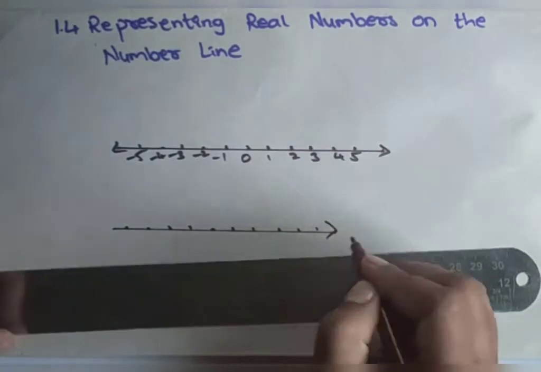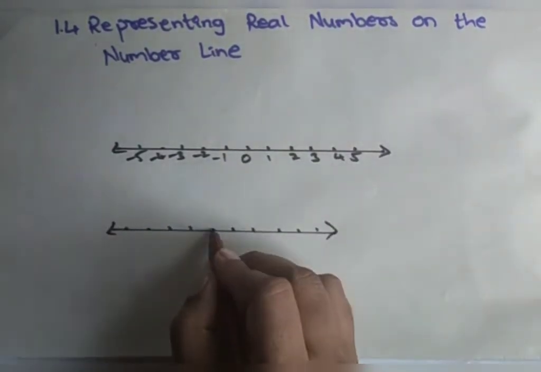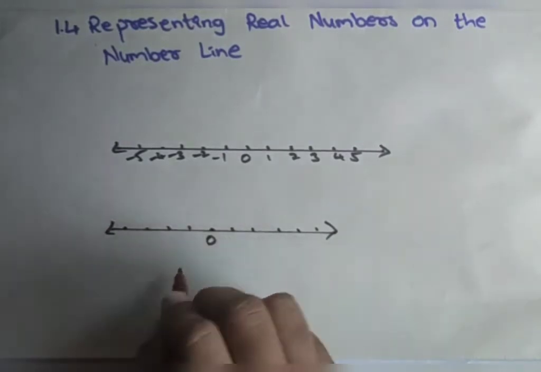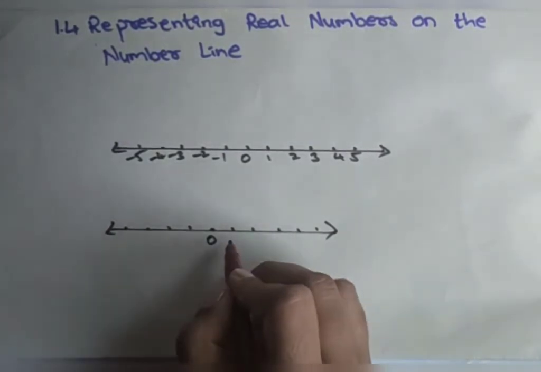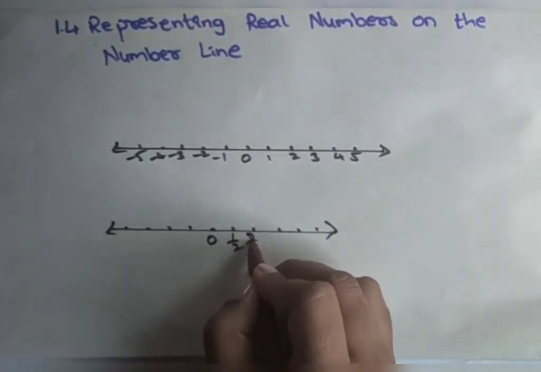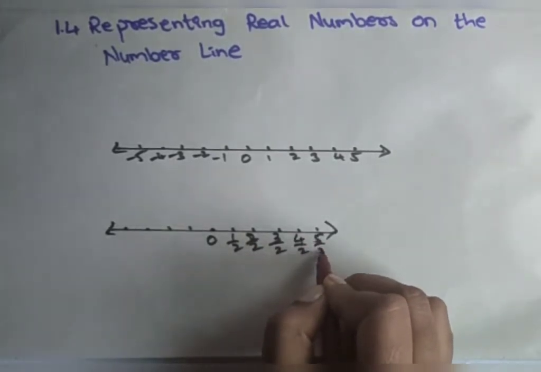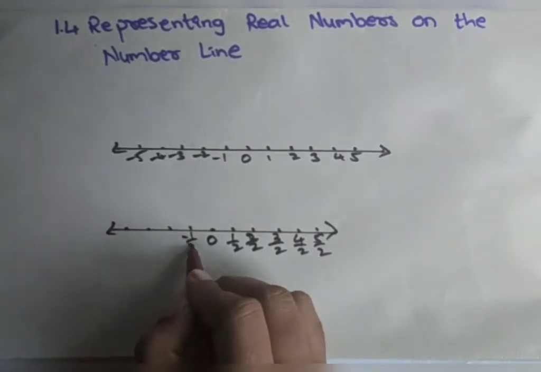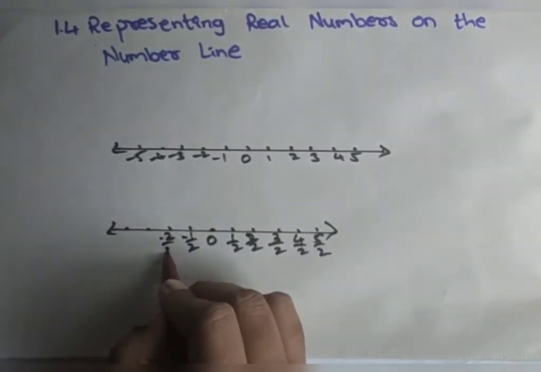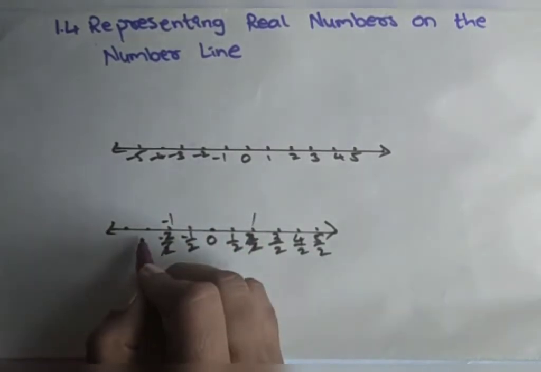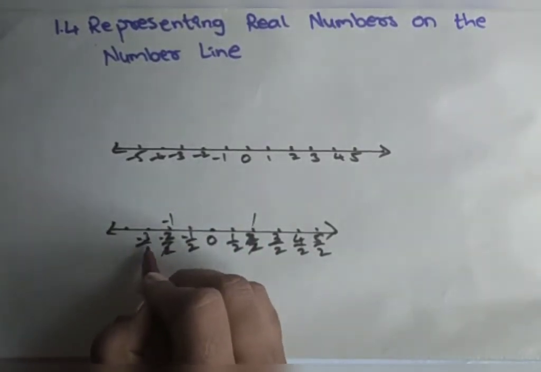P by Q form, and Q should not be 0. Again if you want to represent 1 by 2, 2 by 2, 3 by 2, 4 by 2, 5 by 2, this side you are having negative values again. 2 and 2 get cancelled, which means this will be positive 1 here. See here, 3 by 2.